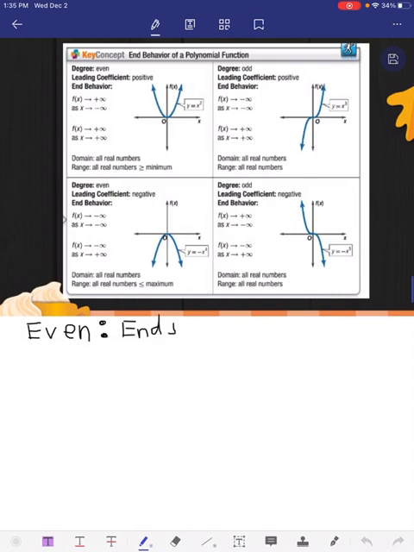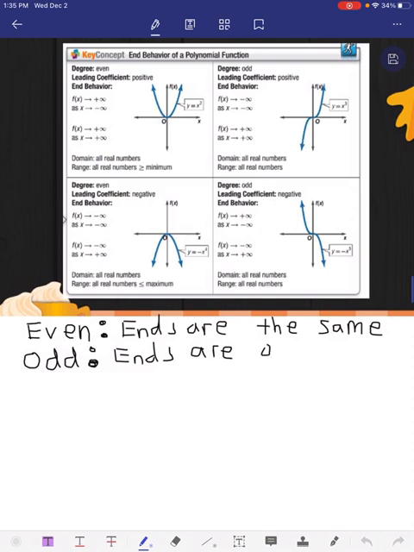Your ends are the same. If I have an odd function, or in other words, an odd degree, your ends are opposite. So think odd, opposite.